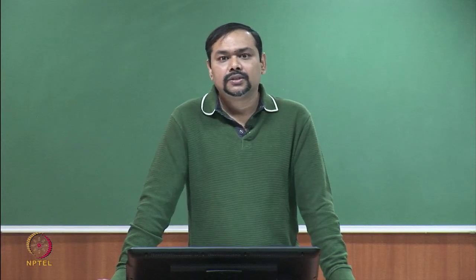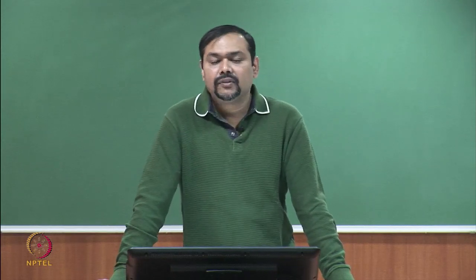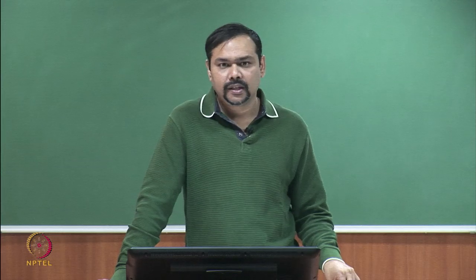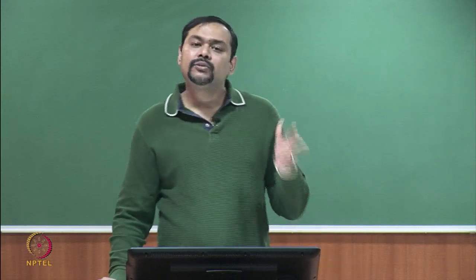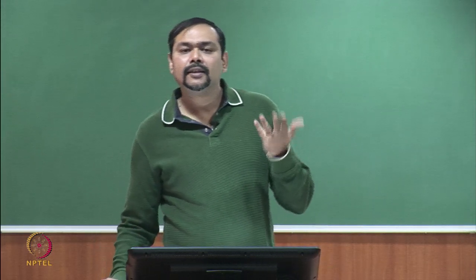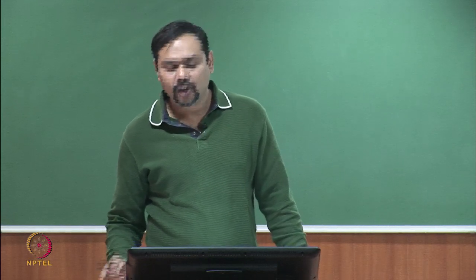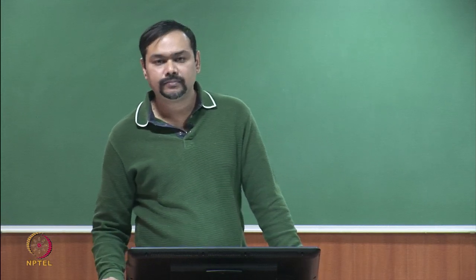If phi is equal to 90 degree, then the DC component of the circulating current becomes 0. So, there is no DC component of the circulating current when phi is equal to 90 degree or cos phi is equal to 0.